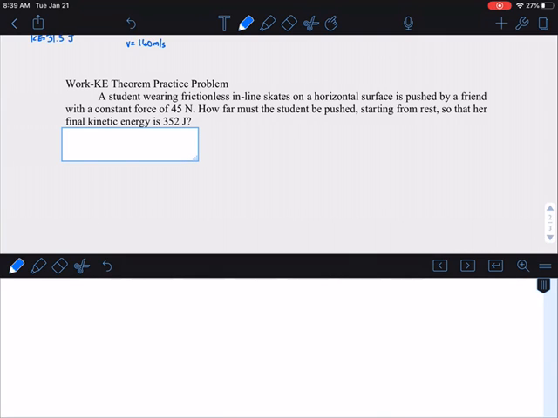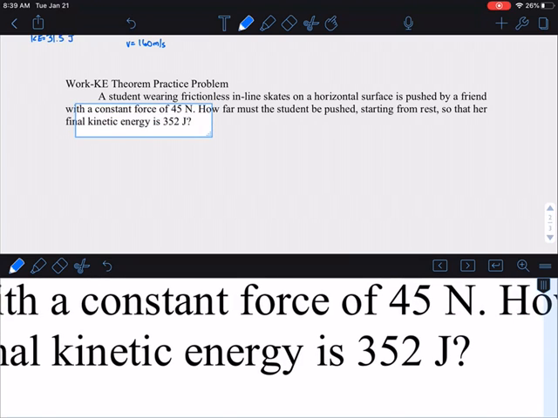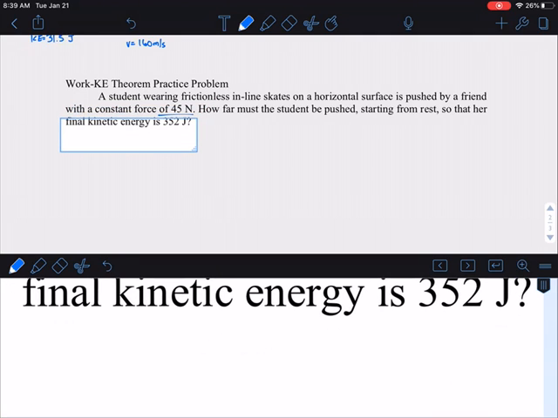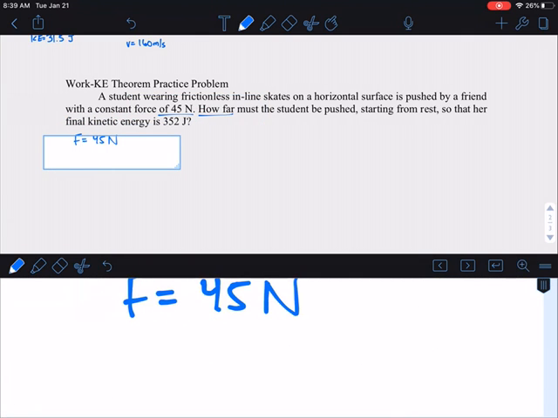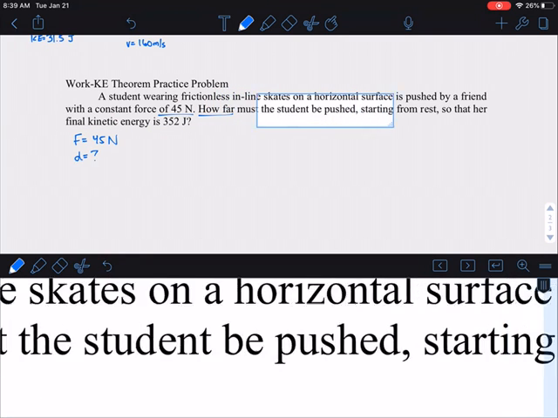Work kinetic energy theorem practice problem. A student wearing frictionless inline skates on a horizontal surface is pushed by a friend with a constant force of 45 newtons. I'm just going to stop here. I know that F is 45 newtons. I know what I'm looking for: displacement. How far must the student be pushed starting from rest?